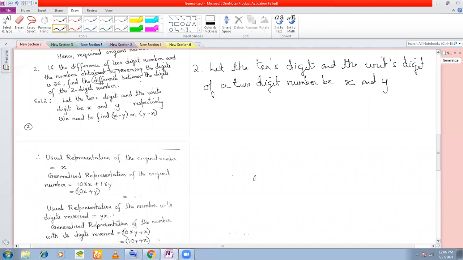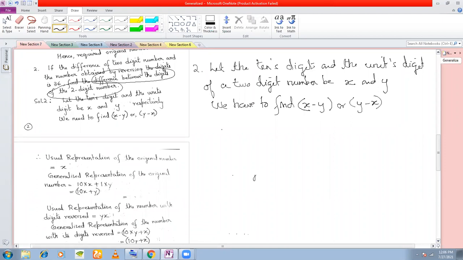You have to find the difference of the digits of the 2-digit number. That means we have to find x minus y, or you have to find y minus x, whichever you want, you can find either. They have only said difference.